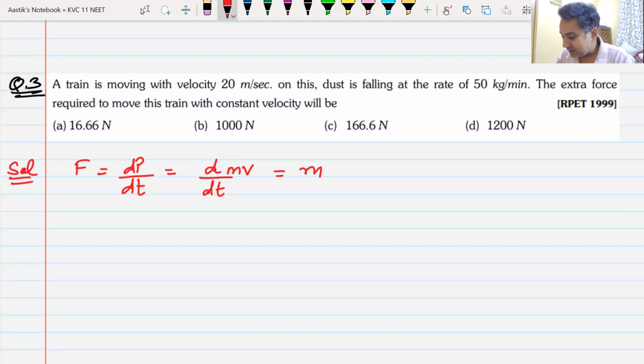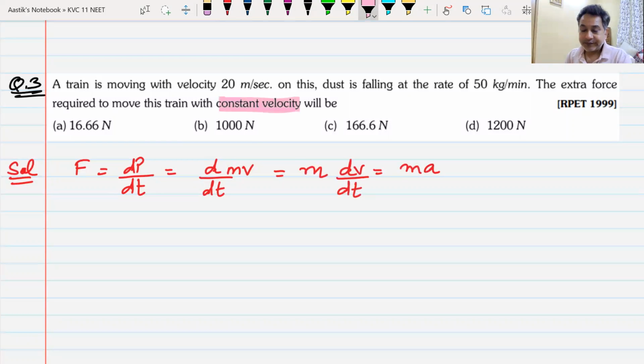So it looks like this: mass is constant into rate of change of velocity, and it becomes m into a. This is the case that happens normally. But sometimes, as in this question, velocity has to be kept constant. Something else is changing. What is changing? Here the mass of the train is changing, my dear friends.